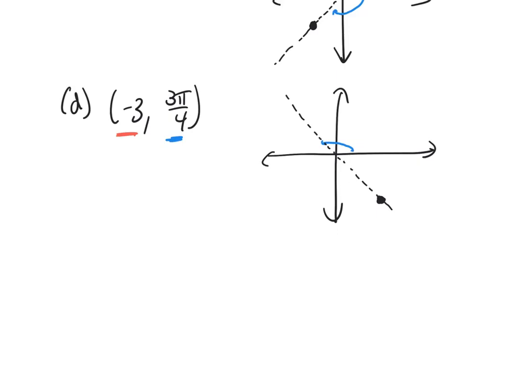So as I mentioned earlier, a point can be represented in many ways in polar coordinates. So let me talk about how to find those.